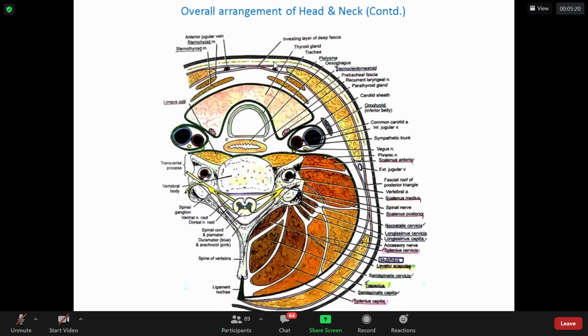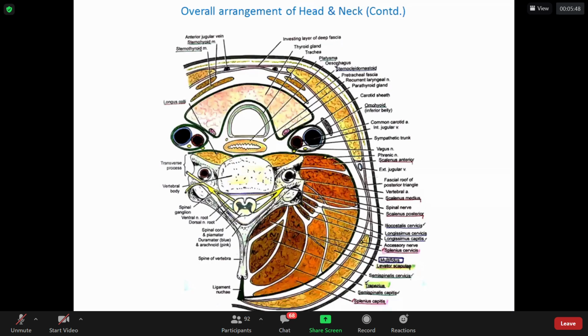Then comes the deep fascia of this neck region, and I told you that it has three layers: investing layer. What are the other two layers? Pretracheal and prevertebral. We have discussed the investing layer, that it actually is a rule of two.